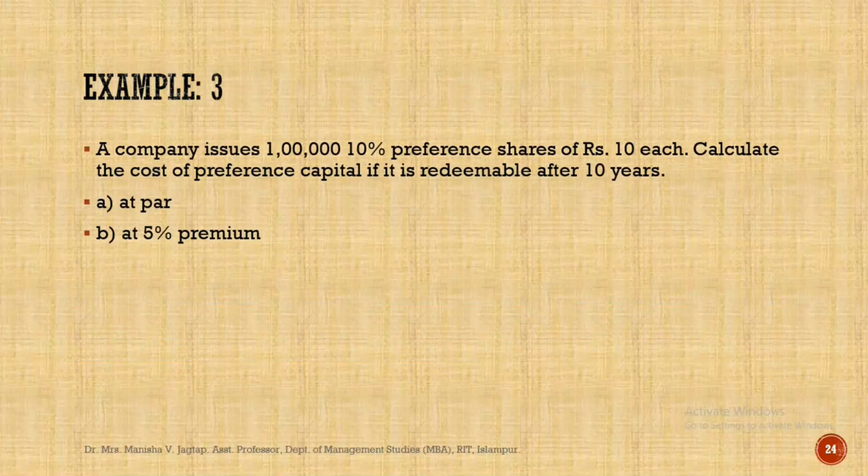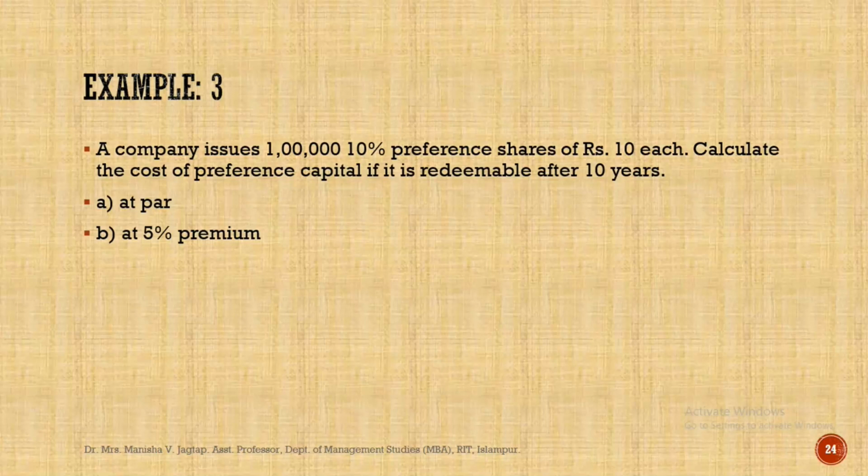A company issues 1 lakh 10% preference shares of rupees 10 each, and you are required here to calculate the cost of preference capital if it is redeemable after 10 years.